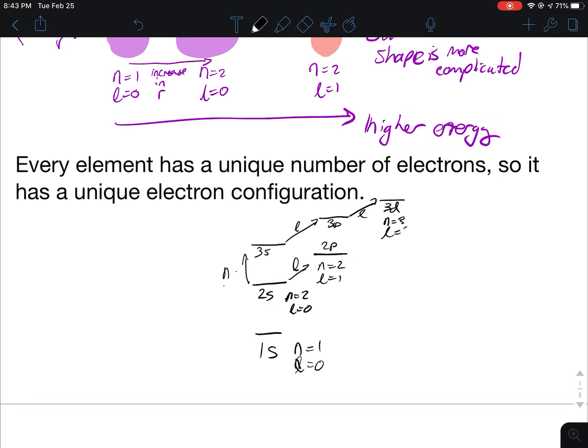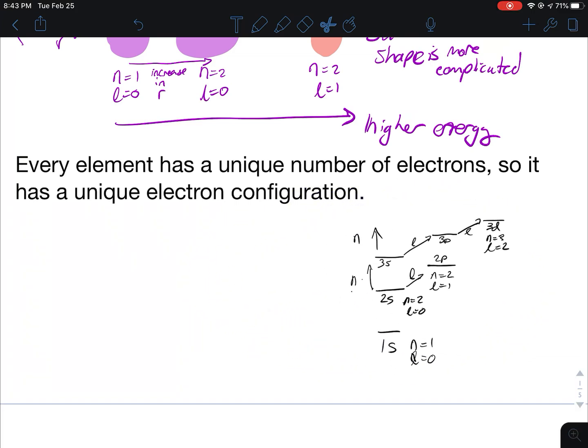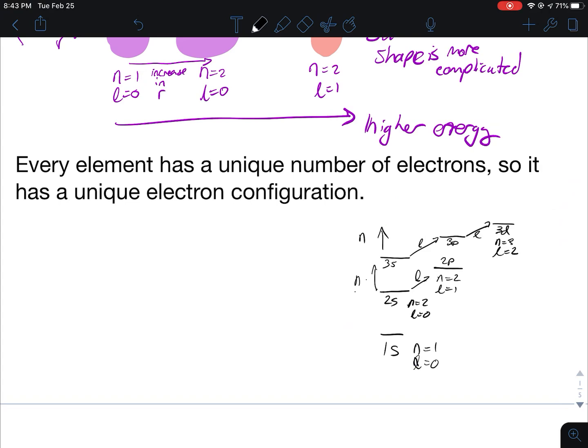This is our n equals 3, l equals 2 now. At the same time, you can do a little bump here from another n and get up towards n equals 4, and this is our 4s orbital here.